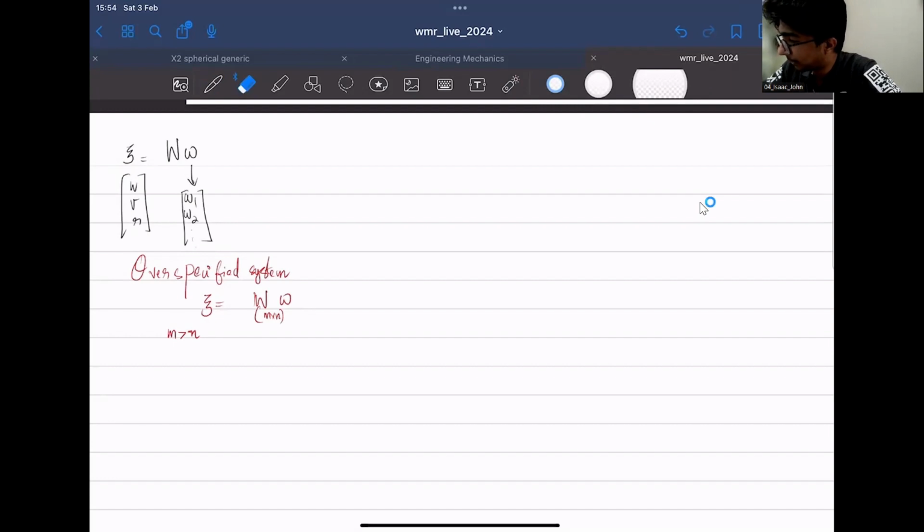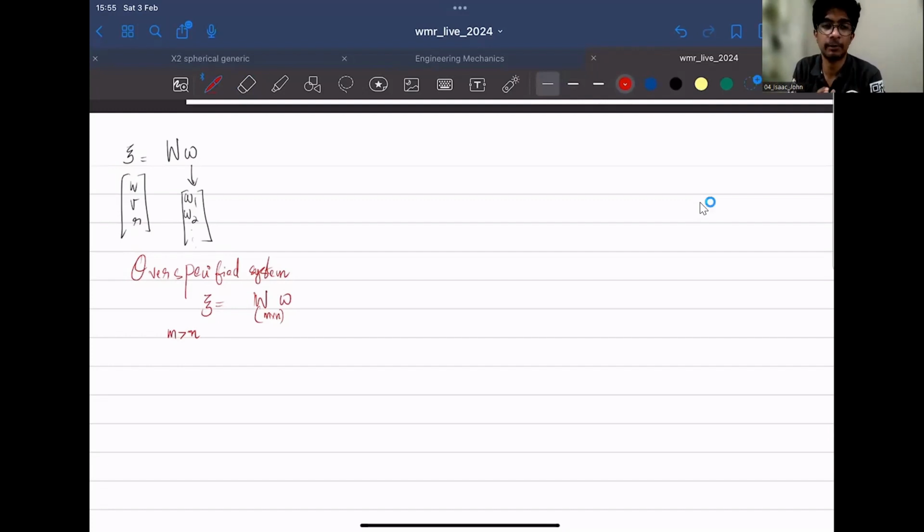You have three equations to satisfy, but you only have two unknowns. So if that is the case, then the solution may not even exist at all. Right? How can you satisfy these three equations using two unknowns?